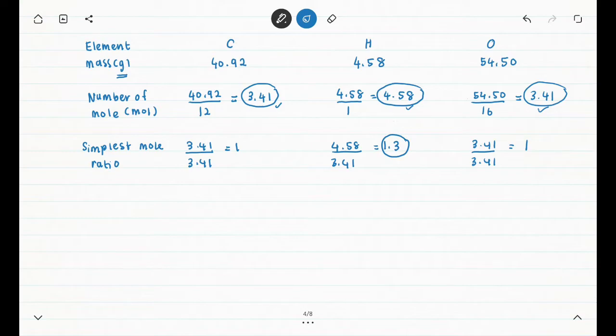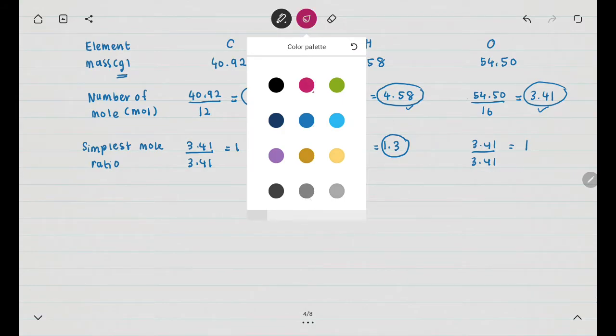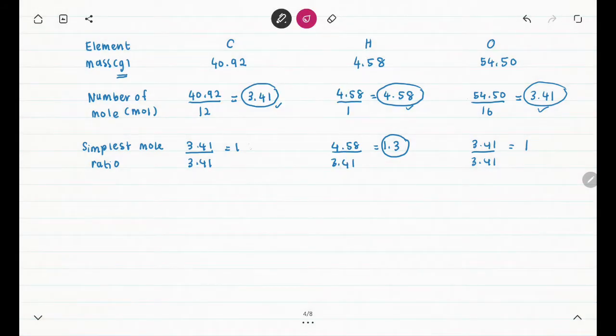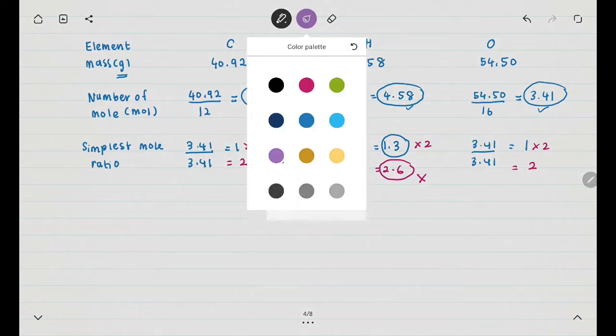For example, if we multiply the mole ratio by 2, here we will get 2, this one we will get 2.6, and this one we will get 2. You need to try and error. Can we round off 2.6 to 3? We cannot. So we will try to multiply with other integers.